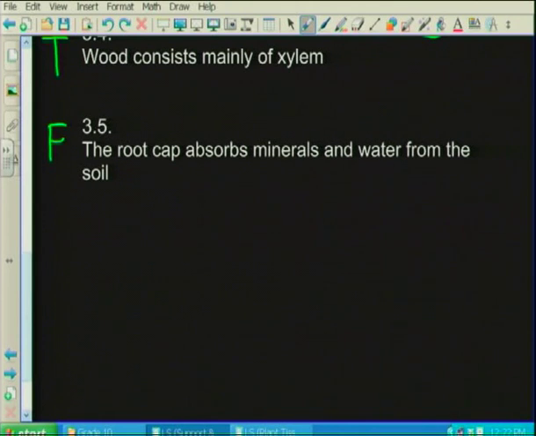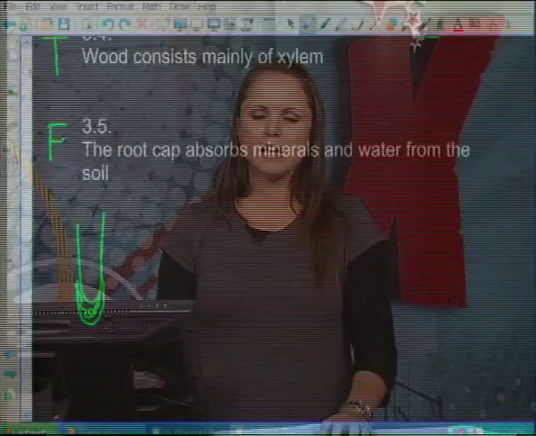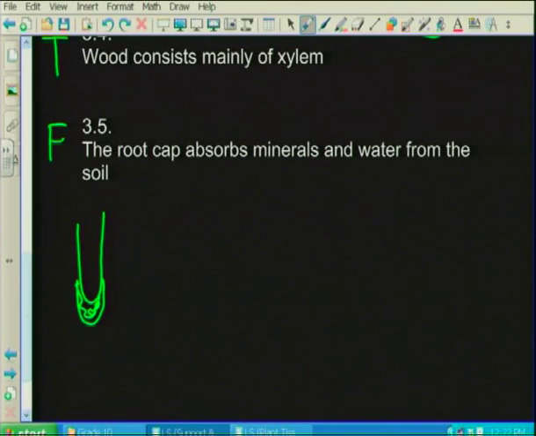Remember, the root cap is the little cap right on the end of the root that's slimy, so it protects the root and it helps with penetration into the soil. So this is false. The root cap doesn't absorb minerals and water from the soil. The root cap actually protects the tip.